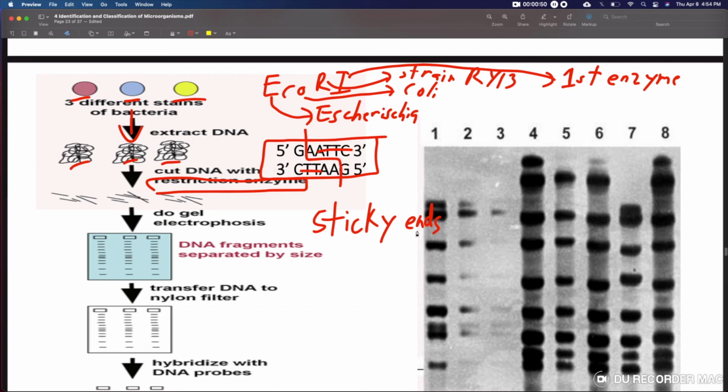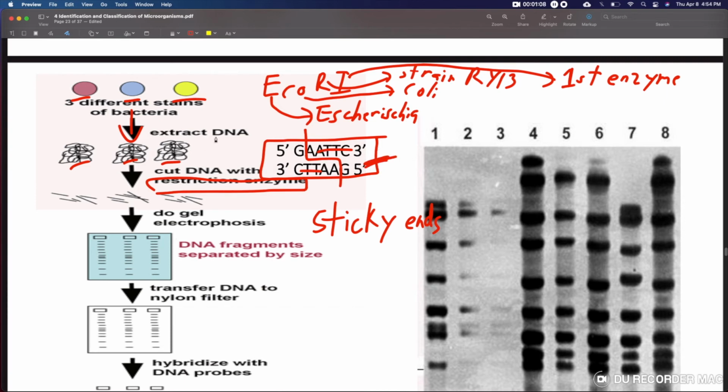Another thing to mention with our restriction site is that it is palindromic in nature, meaning it reads the same backwards and forwards.